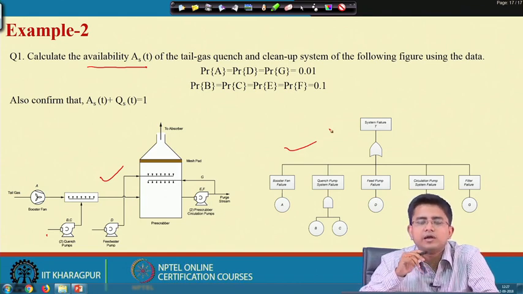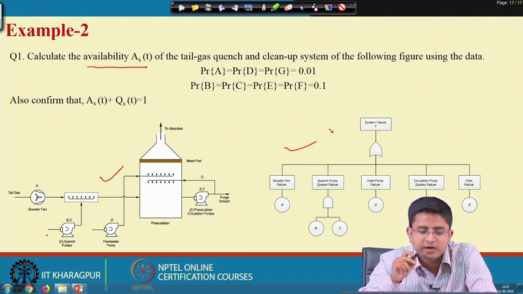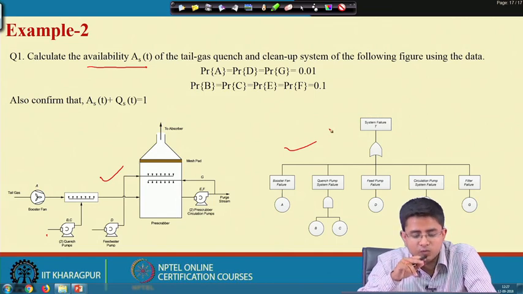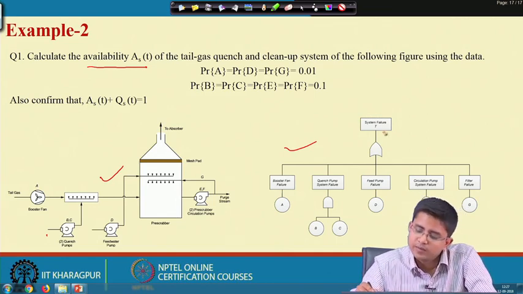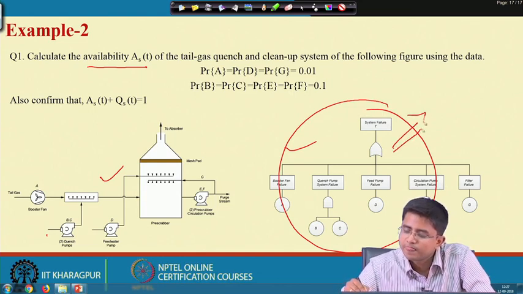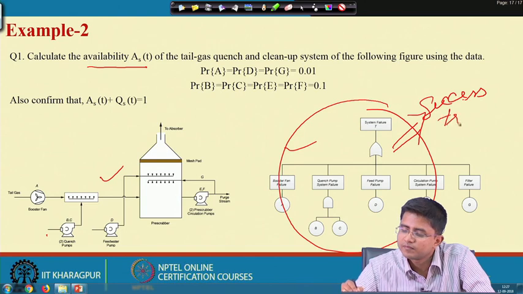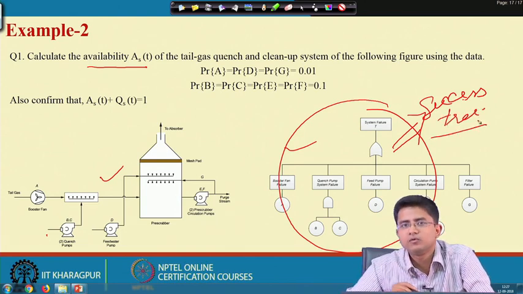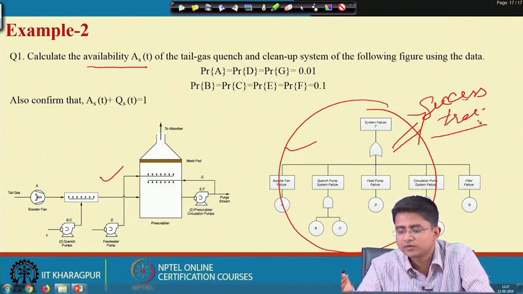So, for calculating availability, there are two approaches. One is we have to convert this fault tree into success tree. So, how to convert this fault tree into success tree?